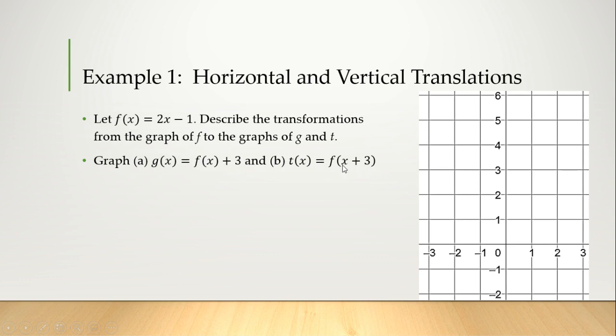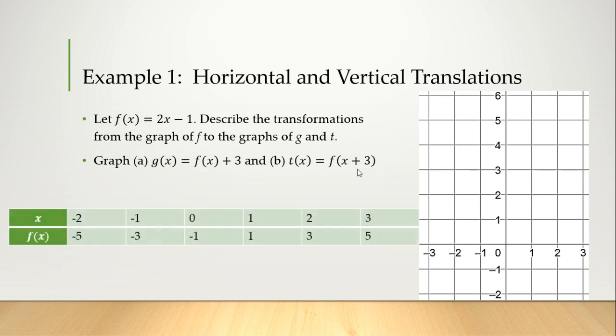We take all the inputs that we have of x, we add a 3 to the input, and then we evaluate f with the new input of x plus 3. Now we are going to write equations for these. We're going to make tables of these and then graph them and then look at what type of translation occurred.